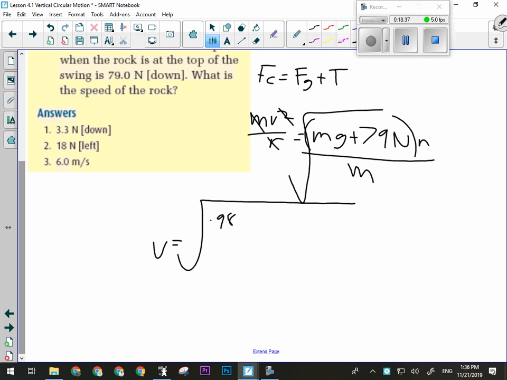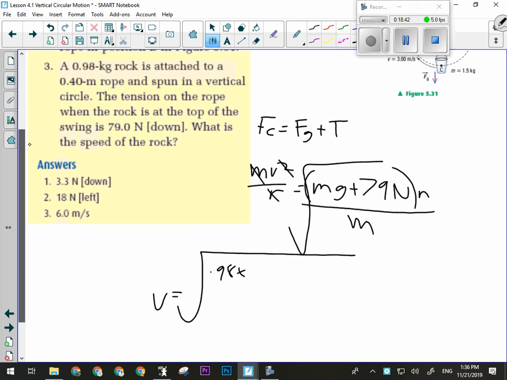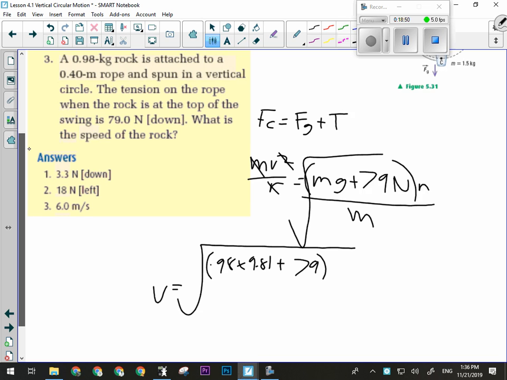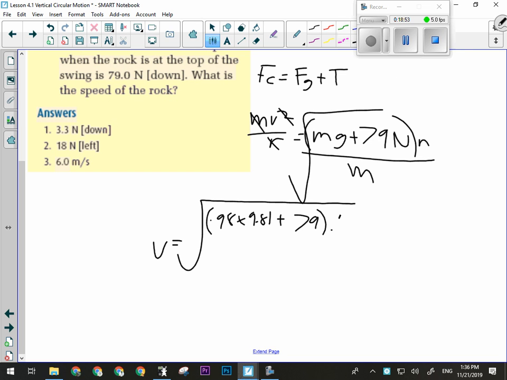So 0.98 times the speed of the rock, we're looking for the speed of the rock, times gravity, 9.81, plus 79, all multiplied by 0.4 meters, the radius, and then divided by the mass again, 0.98. When we do that, we should get that this thing is moving at 6 meters per second. Everybody all right with that?